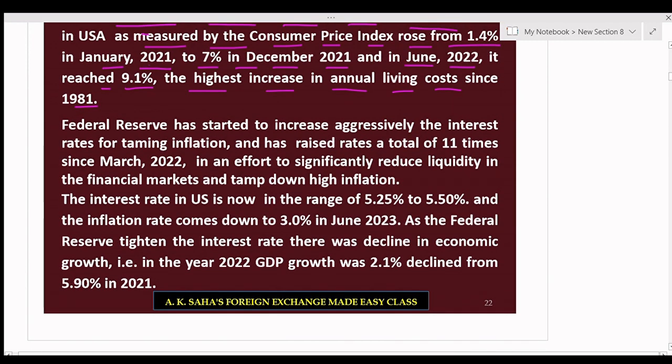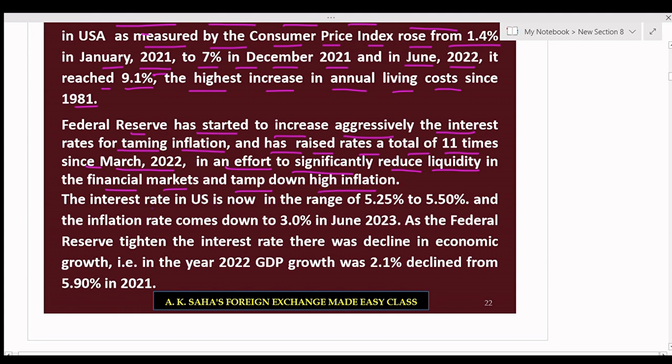The Federal Reserve has started to increase interest rates aggressively for taming inflation and has raised rates a total of 11 times since March 2022, in an effort to significantly reduce liquidity in the financial market and tamp down high inflation.